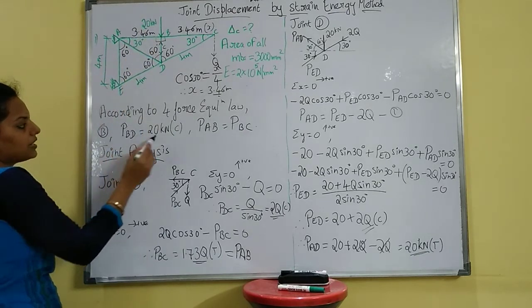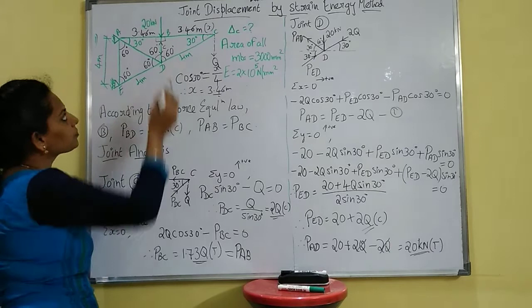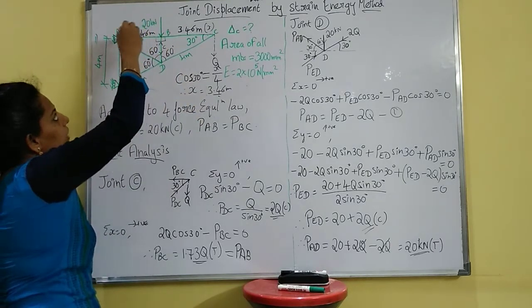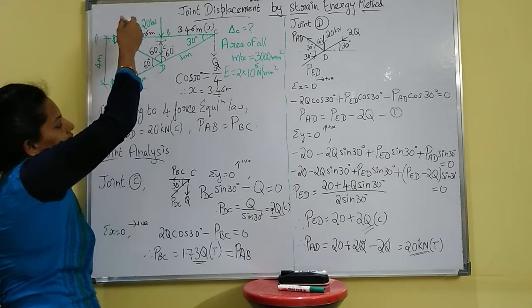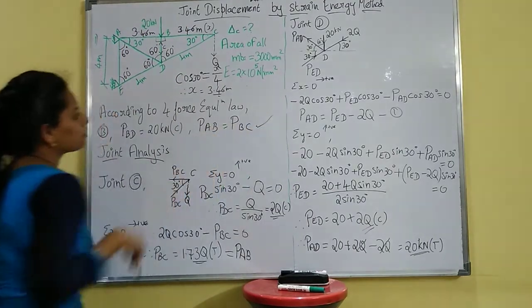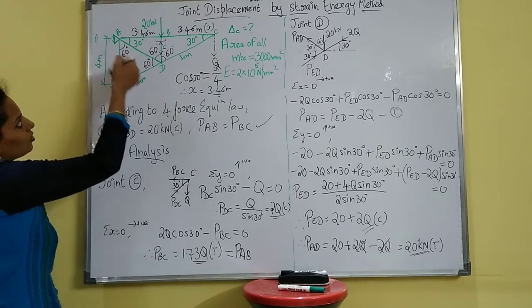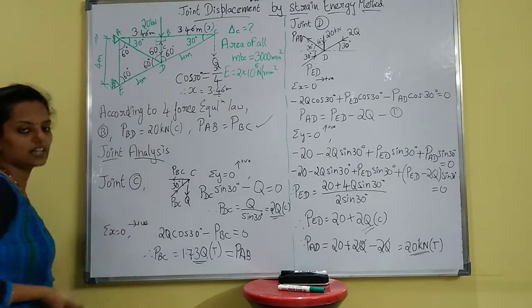So you will have PBD as 20 kilonewton, compression C, towards the joint. Next, you have PAB equal to PBC, so if you find any one force, you can get the other force, it will be equal. Okay, this is the 4-force equilibrium law. Then no other equilibrium law is satisfied, so later find out the joint analysis.